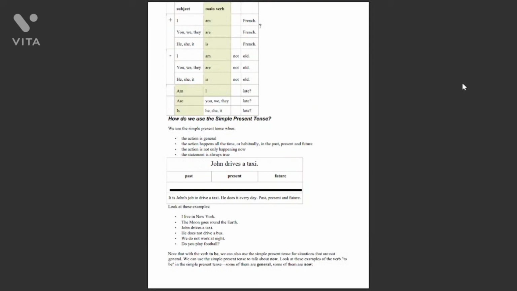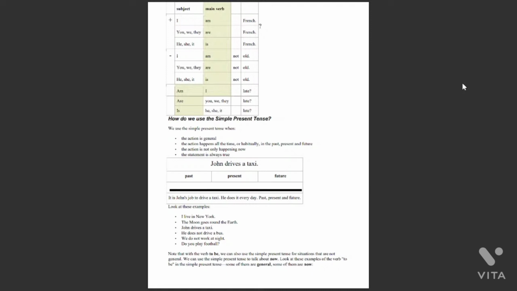And here observe with the verb to be: I am French, you are French, we are French, they are French, he is French, she is French, it is French. In the same way in the negative: I am not old, you are not old, we are not old, he is not old, she is not old.